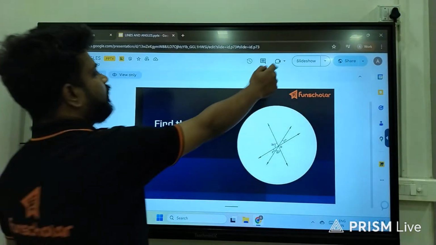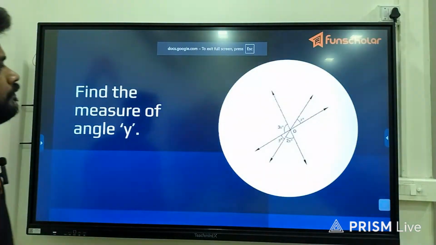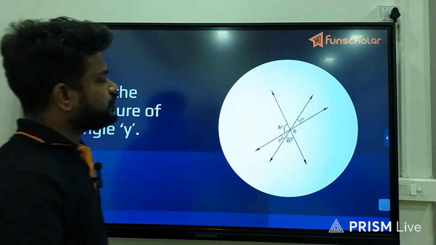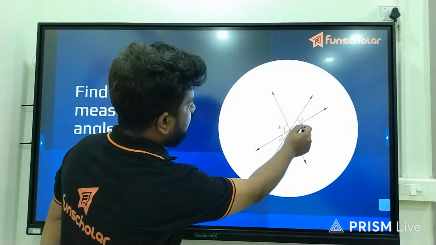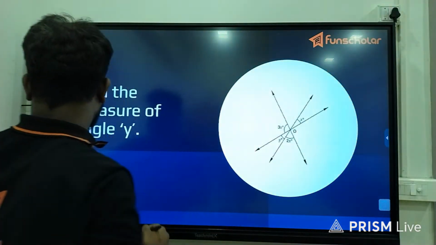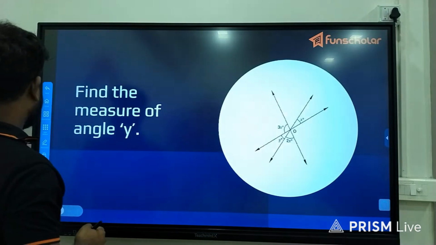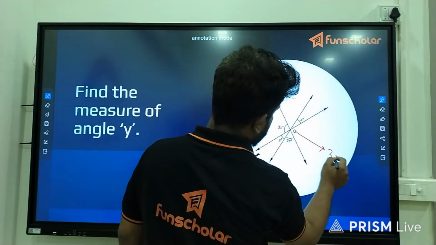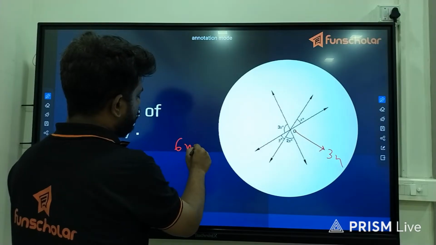Find the measure of angle y. It will be 3x plus 2x plus y equals to, in here 2x. If this one is 3x, this one will also be 3x. So 3x plus 2x plus x will be 6x equals to 180.